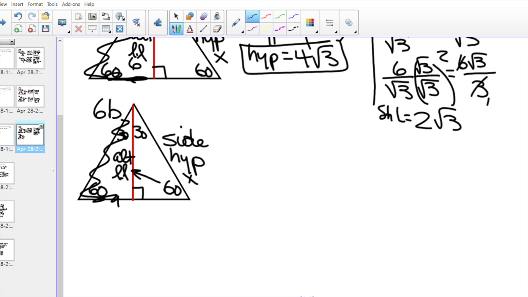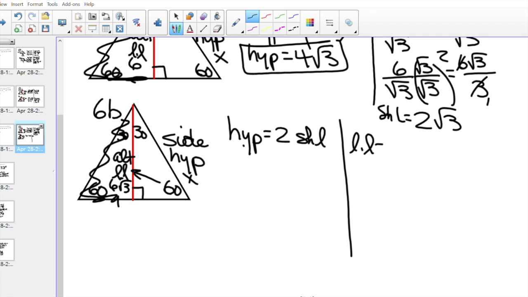If the length of the longer leg is 6 square root of 3, well, to find the hypotenuse, you would say 2 times the shorter leg. I don't know the shorter leg. I know the longer leg. Well, that's okay.